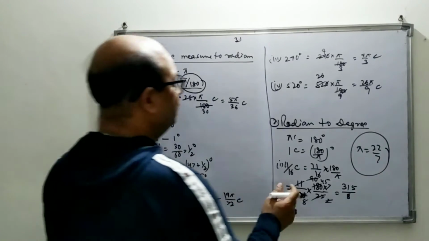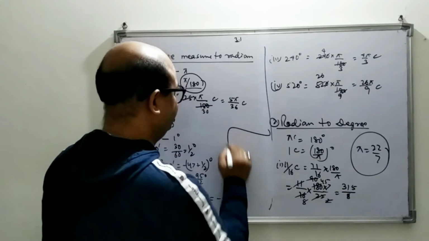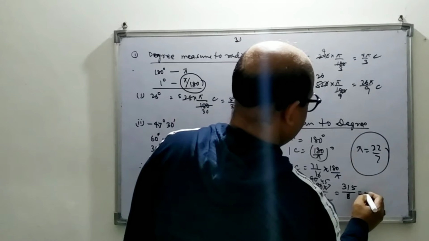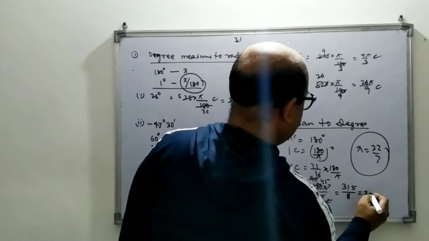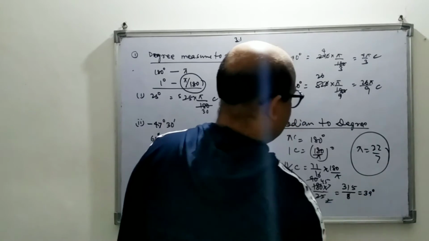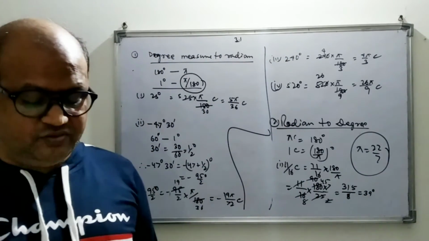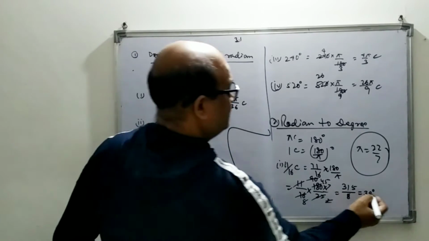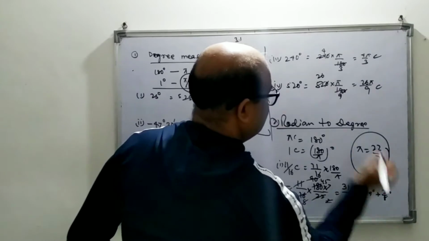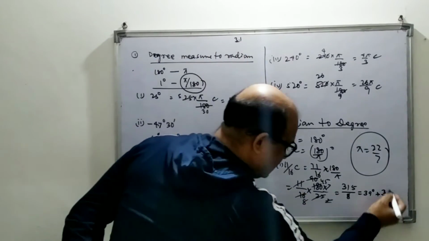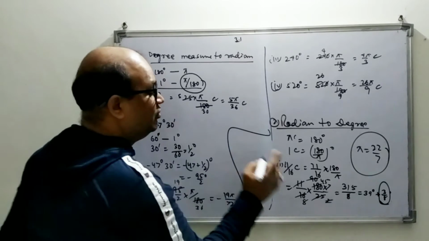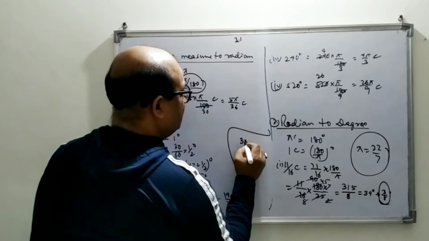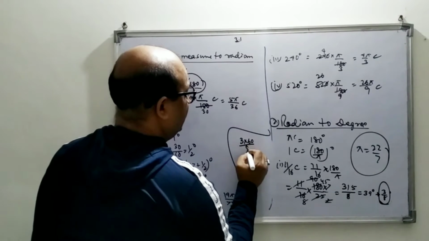Now you have to convert it into degree and minutes. This gives you 39 degree plus 3 upon 8 degree. Now this 3 upon 8 degree can be converted into minutes. We know 1 degree equal to 60 minutes. So multiply 3 into 60 upon 8 minutes.